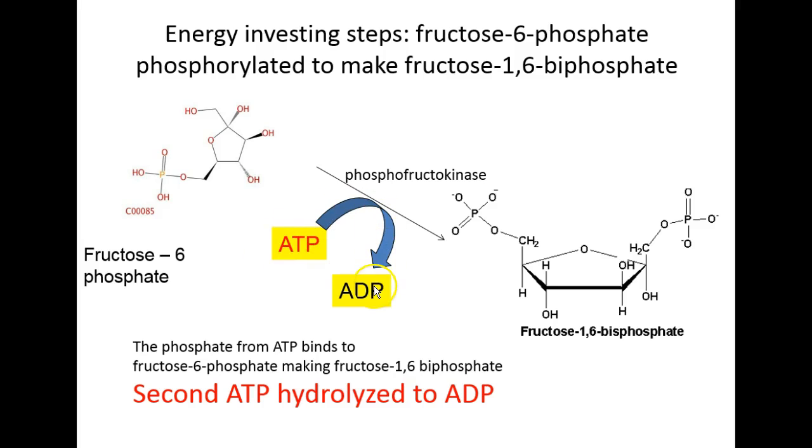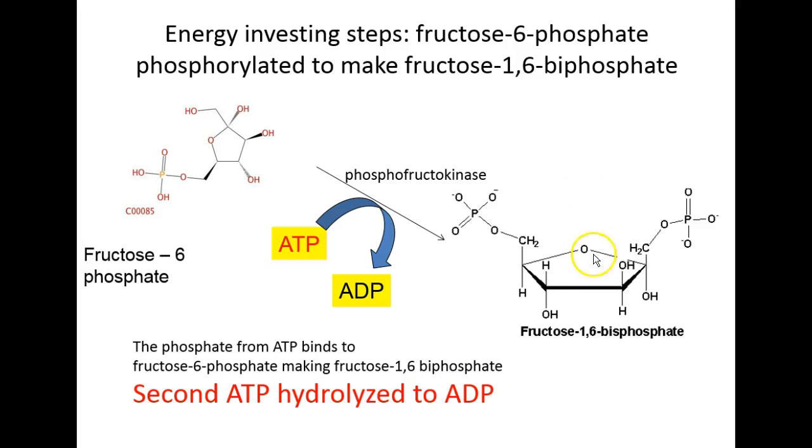ATP will be spent, hydrolyzed into ADP, and the phosphate will be attached to the first carbon of fructose, changing fructose 6-phosphate into fructose 1,6-biphosphate. Fructose will now have two phosphate groups, one attached to carbon number 1, the second one attached to carbon number 6. This is the second ATP hydrolyzed during the energy investing steps of glycolysis.